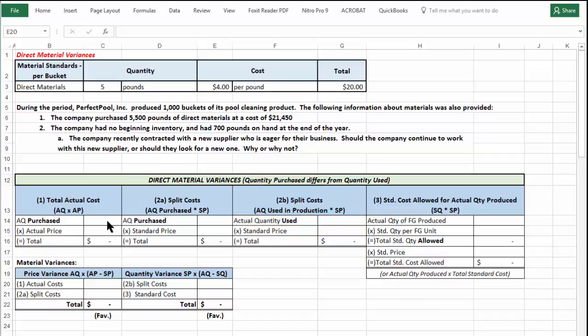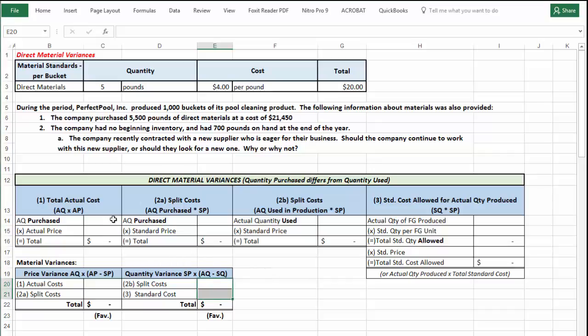Okay, so the price variance for materials is calculated by comparing the actual price of materials with the standard price of materials stated in terms of actual quantity of materials purchased. I have a spreadsheet laid out here, and the first two sections on the left, section 1 and section 2, will help me compute the price variance.